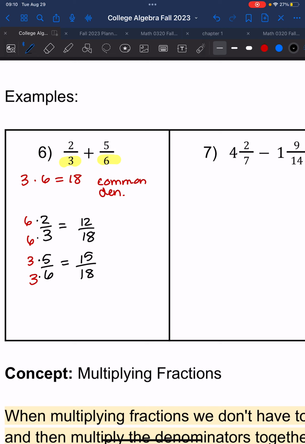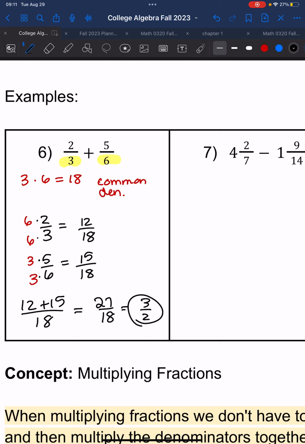So now if we were to add the numerators, we have 12 plus 15 over 18, which gives us 27 over 18. Notice that this can be reduced because 27 and 18 are both divisible by 9. So this gives us 3 over 2, and that's our answer.